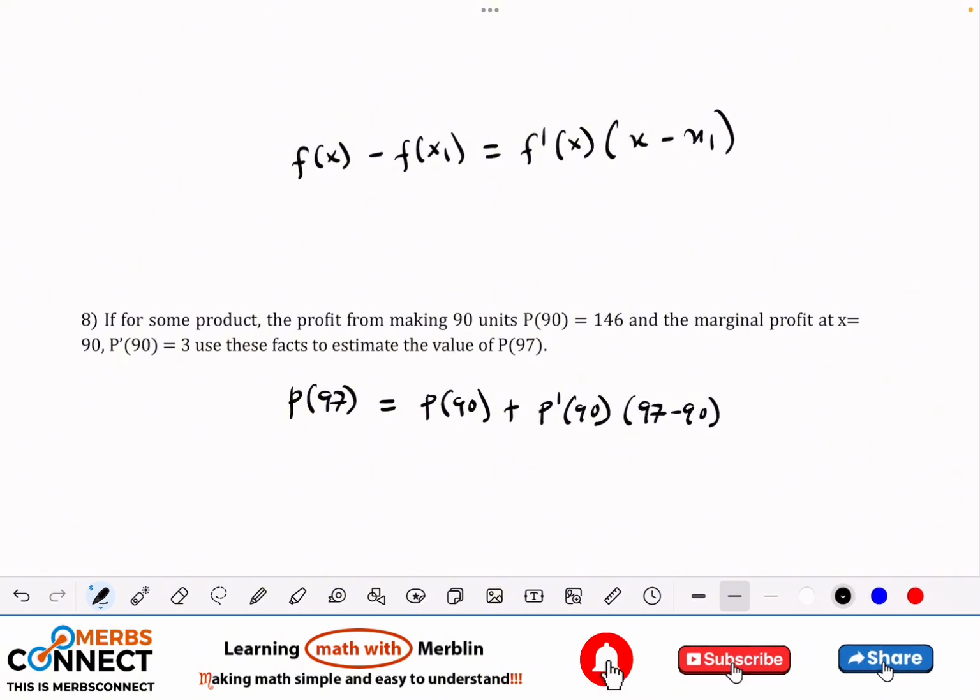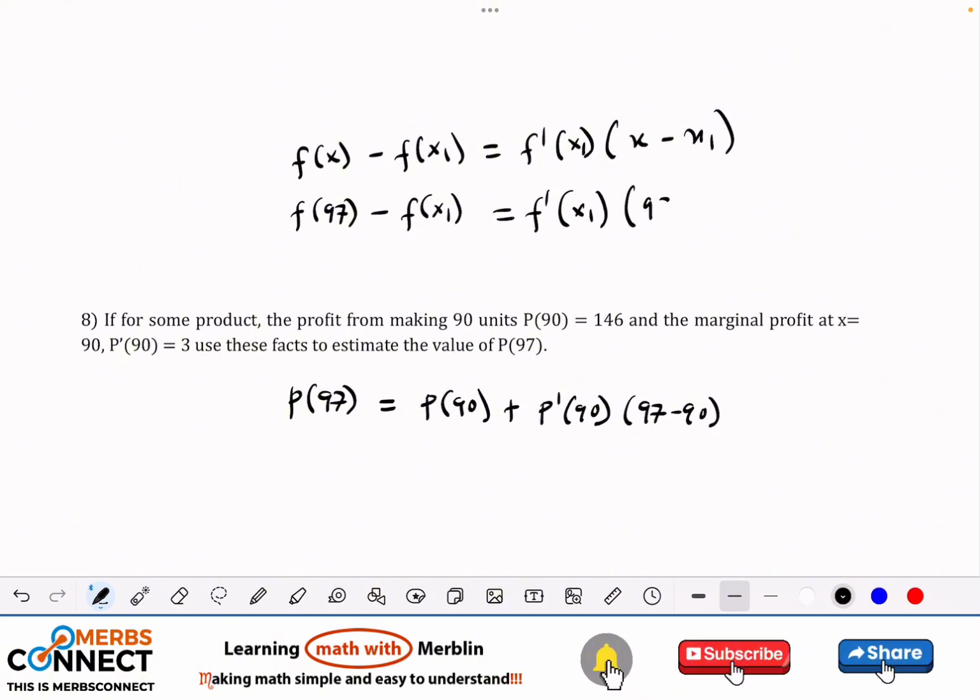So here our x is 97. Okay, so f prime should go with x1. So this one will be x1, and then 97 minus x1. What is x1 here? x1 here is 90.